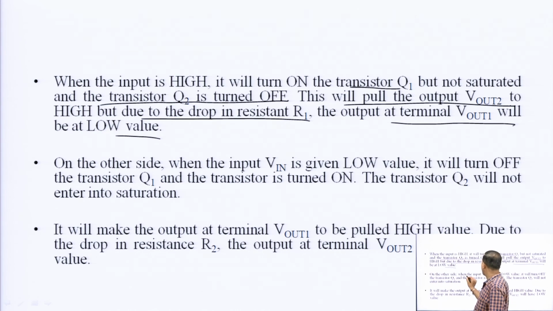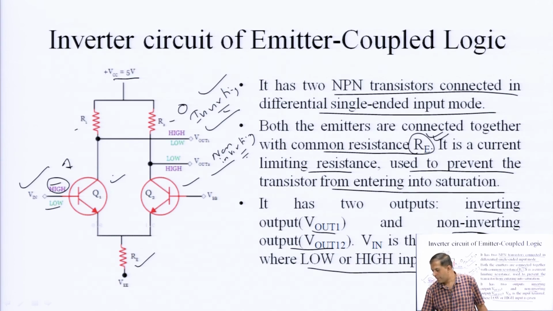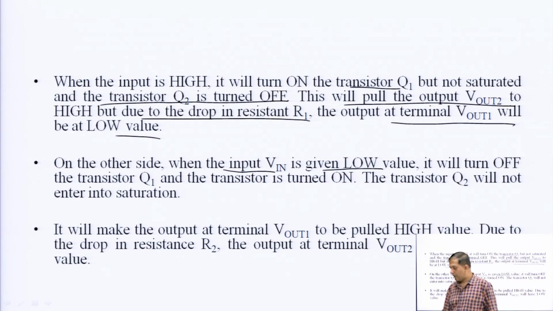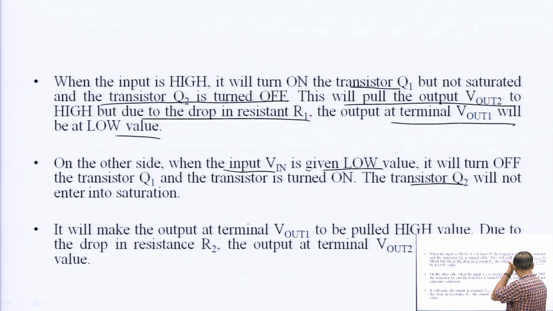On the other side, when input VIN is low, Q1 will be off, but Q2 will be on. The transistor Q2 is turned on, but it will not be allowed to enter into saturation.